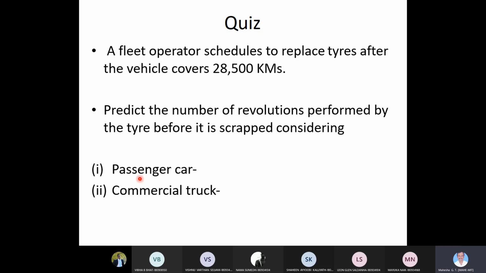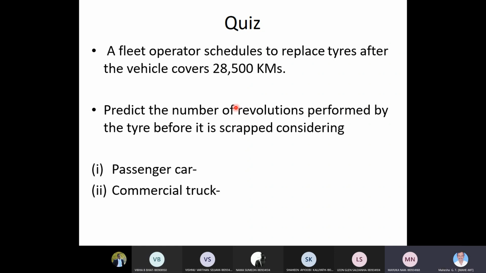What additional data should I give you to tell me the number of revolutions finally? The circumference of the tire, basically. Circumference will not normally be available. The tire size, sir, in inches.